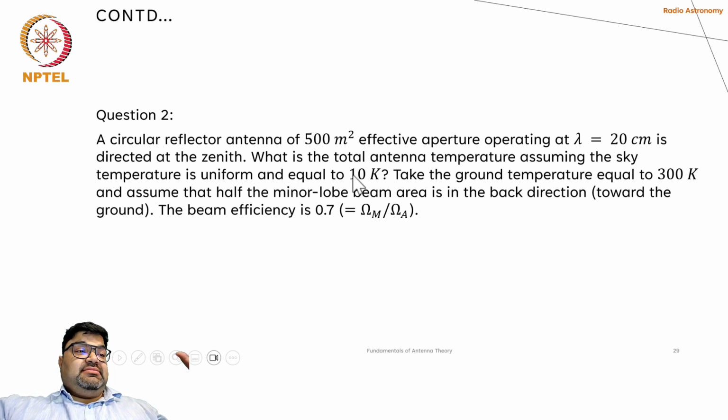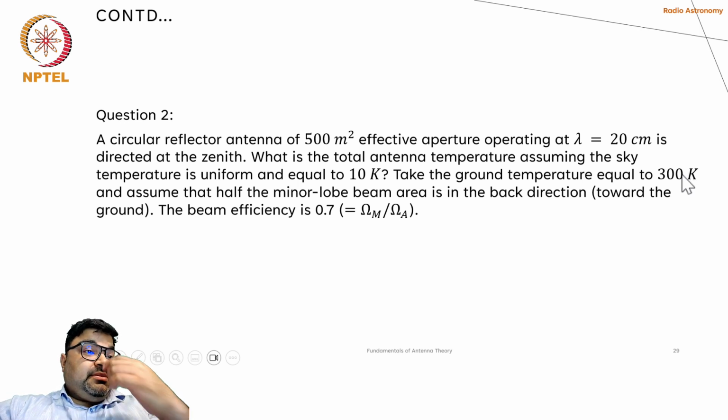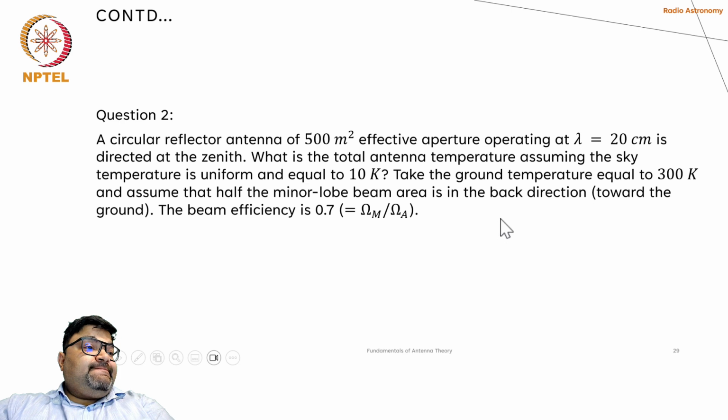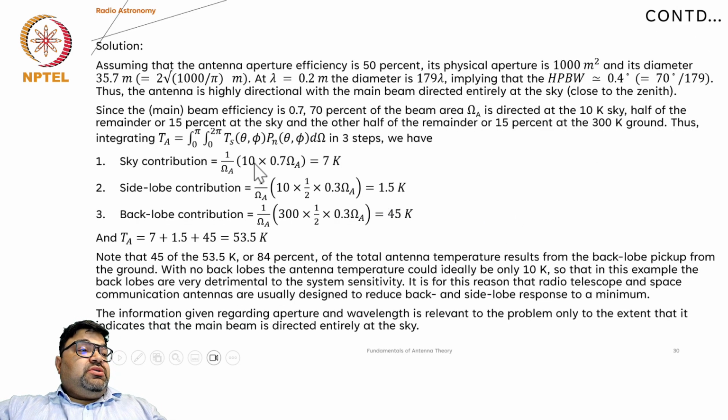10 K is the sky temperature, which is uniform, which is coming through the side lobe. The back lobe is sensitive towards the 300 Kelvin ground. So the front lobe is seeing the 10 Kelvin through 0.7, which is the 70% efficiency in the main lobe.